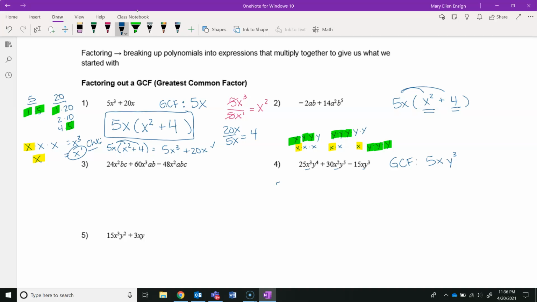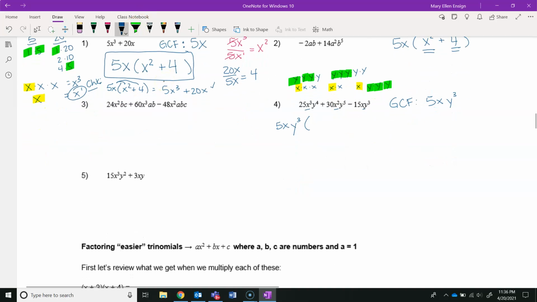So now I have that 5xy to the third. I have my parentheses, and for each of these terms, I'm going to think about what is left when I divide out that GCF. So I can either think 5 times what is going to give me 25, which would be 5. X times what gives me x cubed, well, that would be x squared.